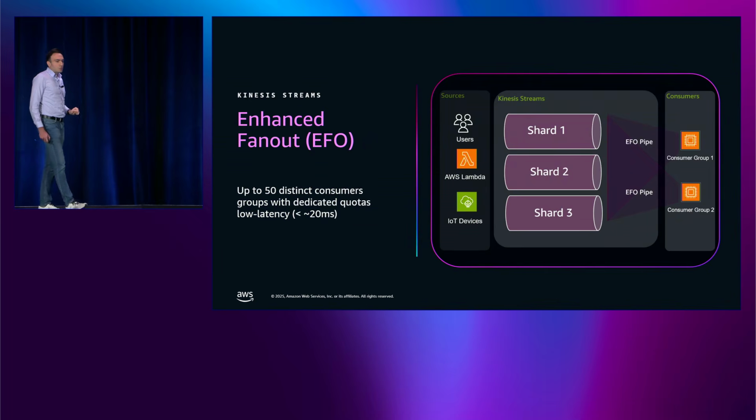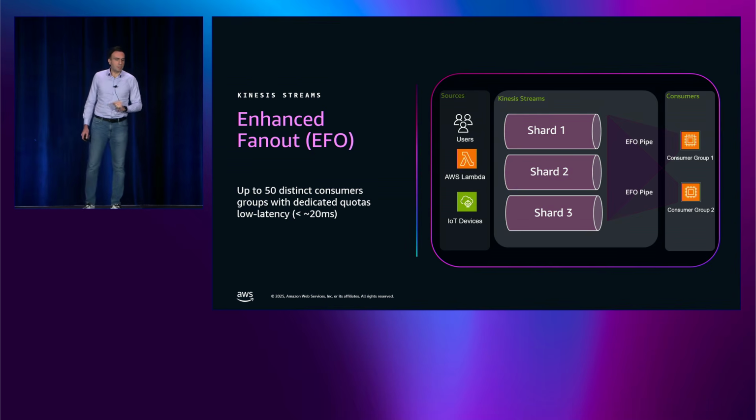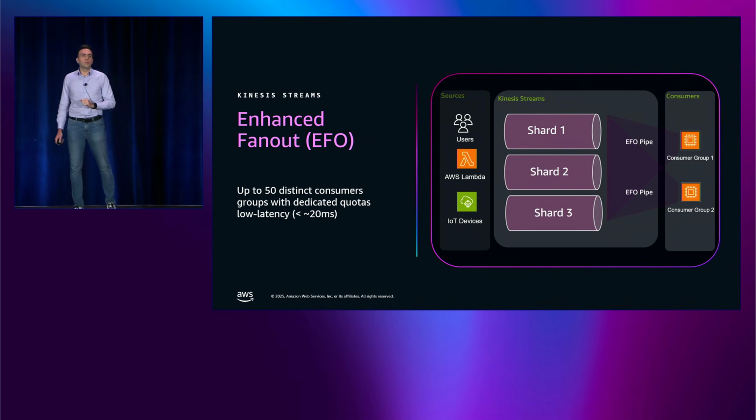With Kinesis data stream, you don't need that because Kinesis data stream has a feature, enhanced fan-out, that recently launched support for up to 50 distinct consumer groups off of a single Kinesis data stream.